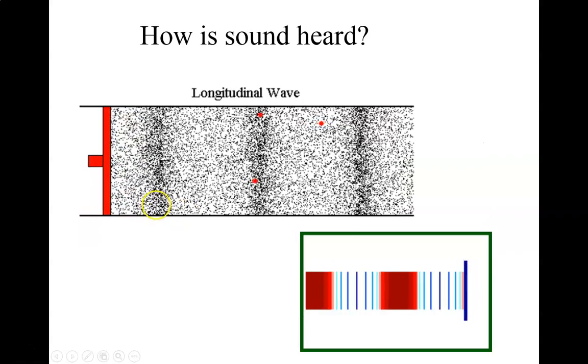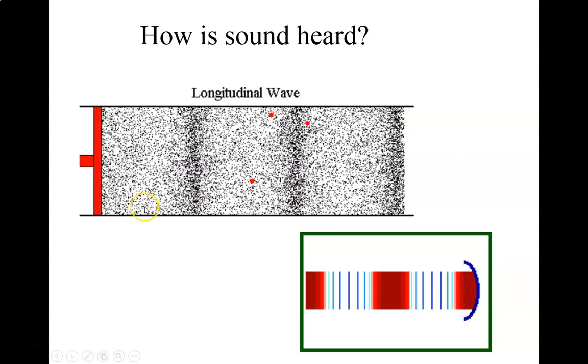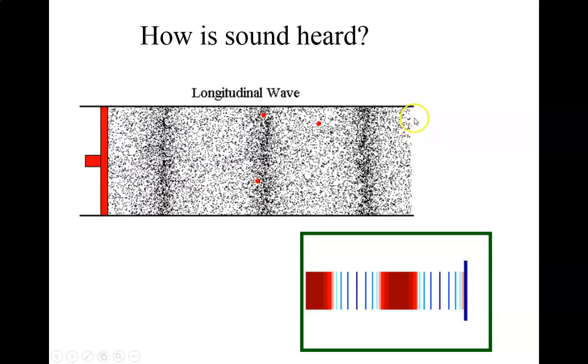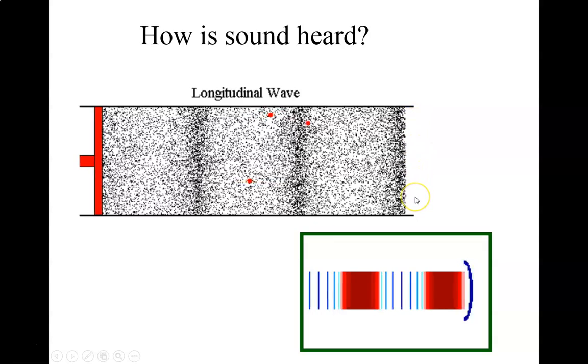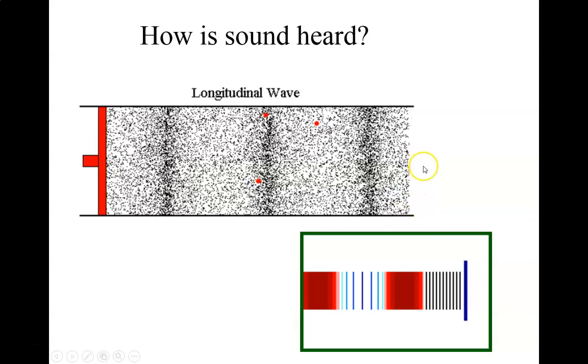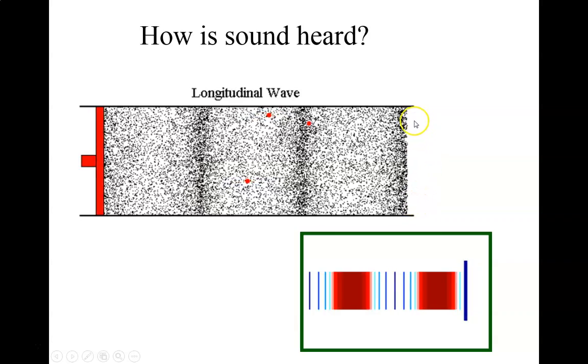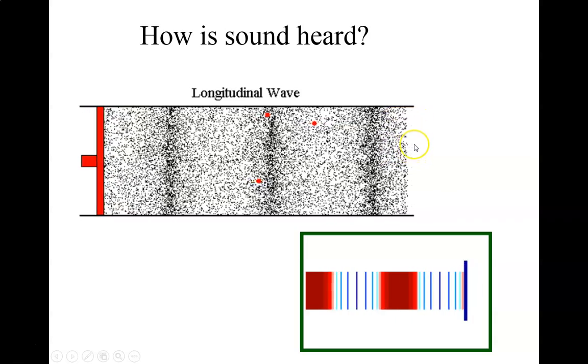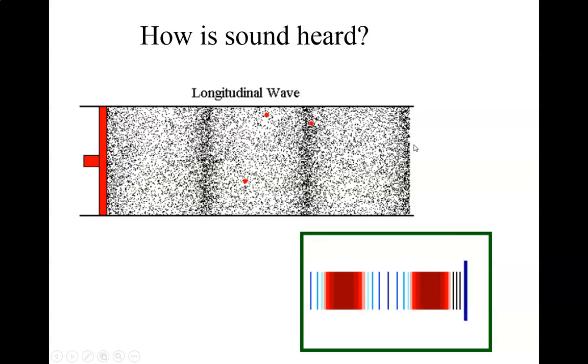So, how do your ears pick up that sound? Well, I used to have an animation showing this, but it's no longer available. So your ears would be represented by another diaphragm or a type of membrane over here.